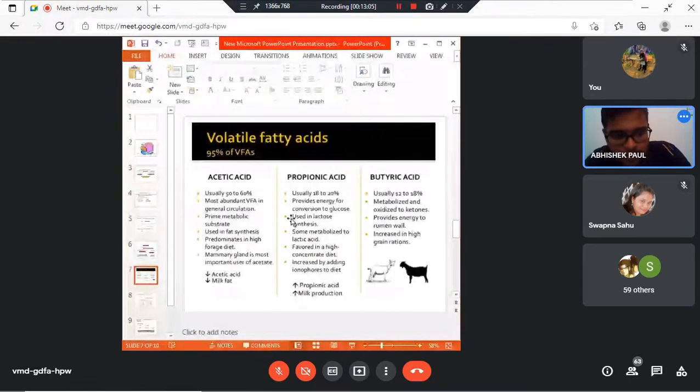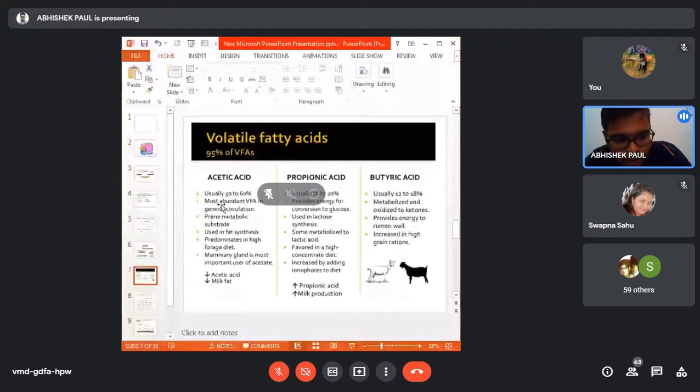Now you see, the most abundant volatile fatty acid in the general circulation is acetic acid, the major volatile fatty acid produced by the rumen microbes. It is used in fat synthesis, meaning milk fat synthesis, and it predominates in a high forage diet.